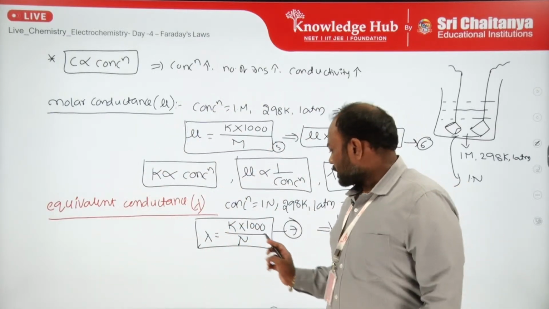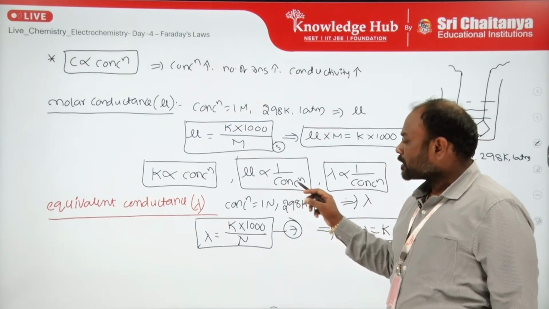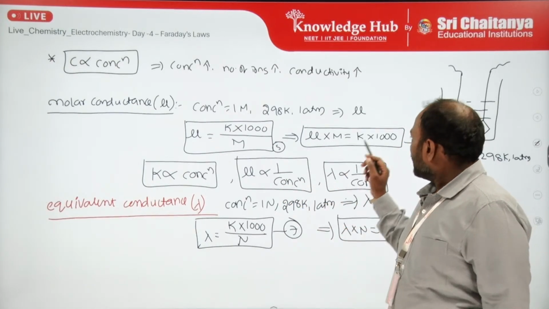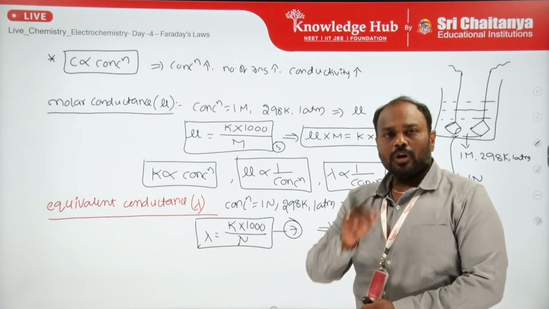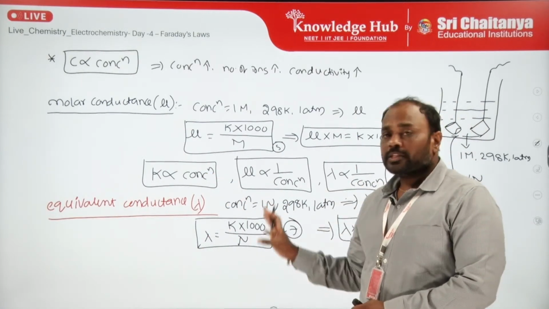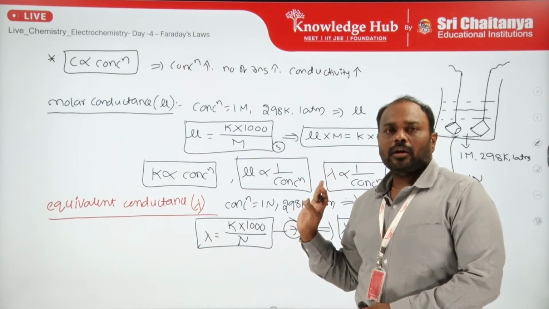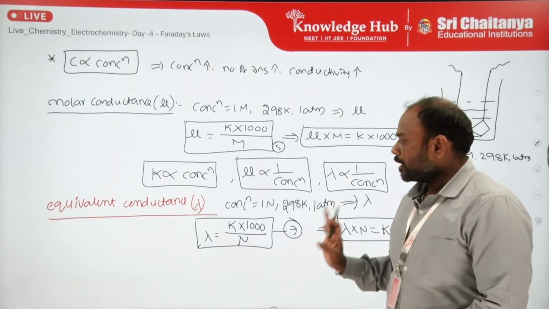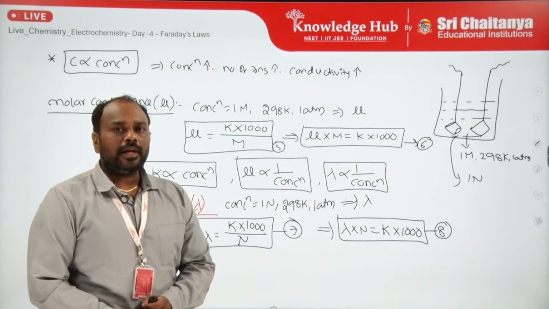From equations 7 and 5, mu and lambda values are inversely proportional to concentration. From equations 6 and 8, K value is directly proportional to concentration. Based on this, you may get questions in competitive exams. So this is the molar conductance and equivalent conductance.